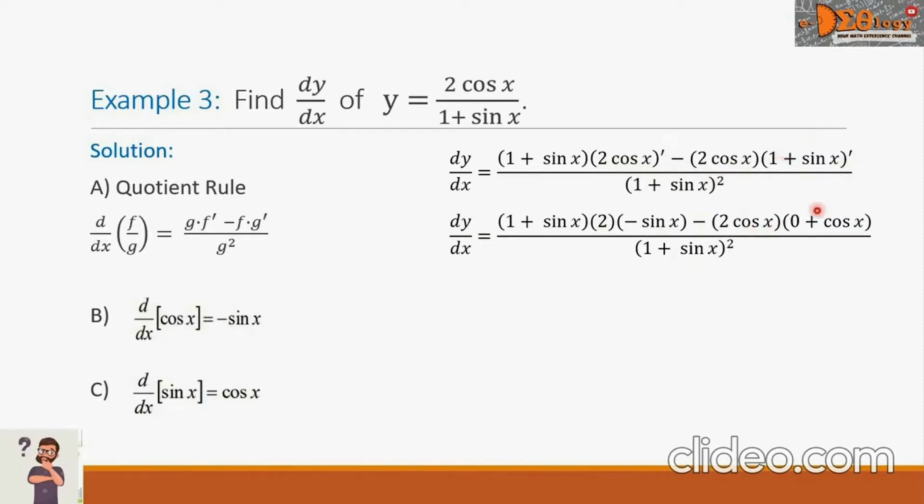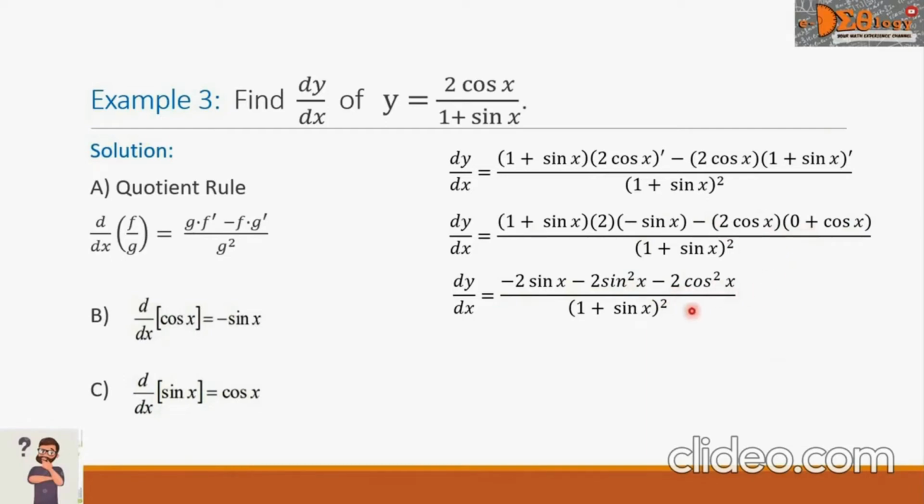The derivative of 1 is 0, that is a constant, plus the derivative of sine x is cosine x. Now simplifying the product of the numerator, we have now negative 2 sine x minus 2 sine square x for this group. Then minus, for this group here, it is simplified into 2 cosine square x all over the same denominator.